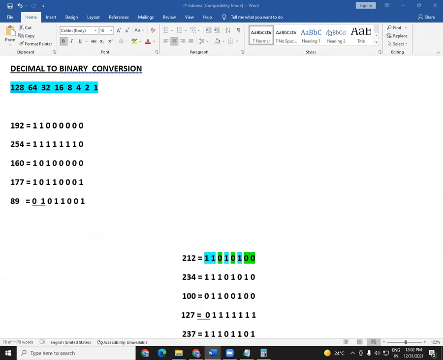Take any decimal number between 0 and 255 and do the conversion. If you get perfection in binary to decimal and decimal to binary conversion, the coming classes will be very easy for you, and the whole IP addressing and subnetting concept will be very easy for you.